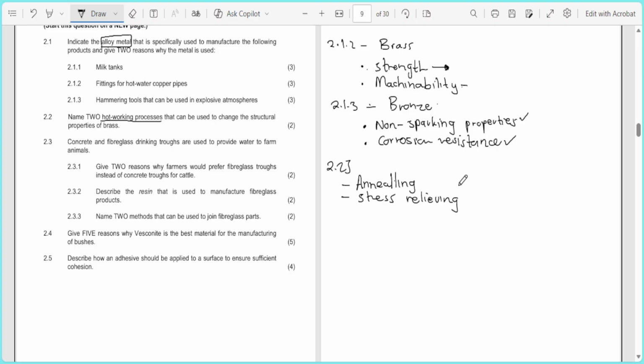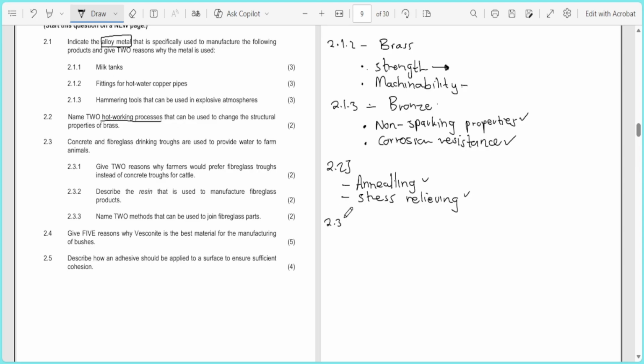So that is one hot working process for brass. Stress relieving is heating it to a lower temperature to reduce residual stresses from previous cold working, preventing things like cracking or distortion during use. There are several options that I can list out here, but this is what I can think of right now.